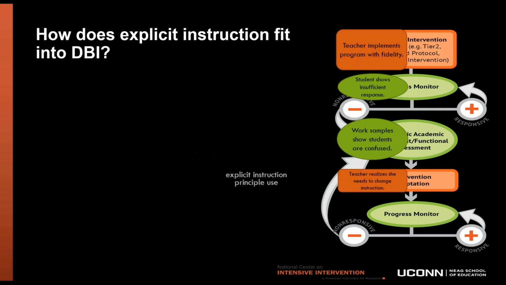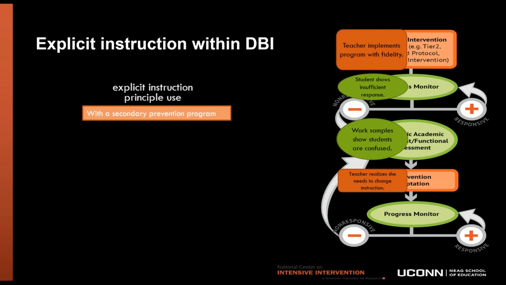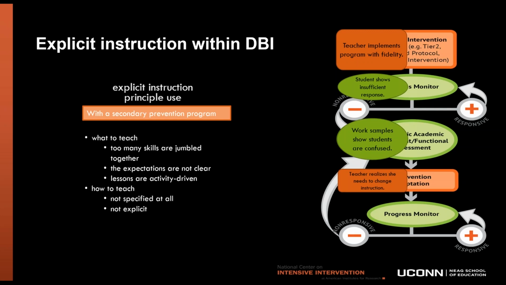And so as a result, we use these explicit instruction principles to improve students' outcomes. And we can do this in two ways. We can do it when we have a program or not. So in the DBI model, we want you to have a secondary prevention program that you're going to start with, because programs for secondary prevention have a very good track record of improving student response. When you have a program, what sometimes you find is that the program doesn't do as good a job of setting up the students for success with explicit instruction.